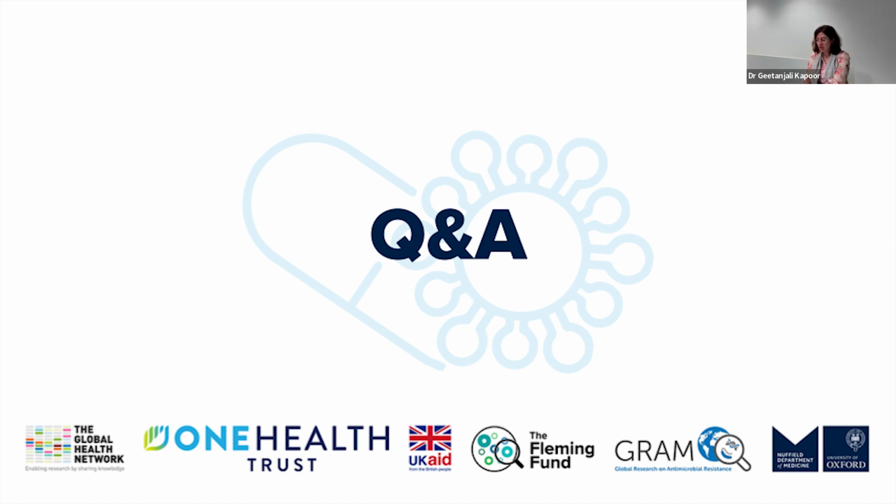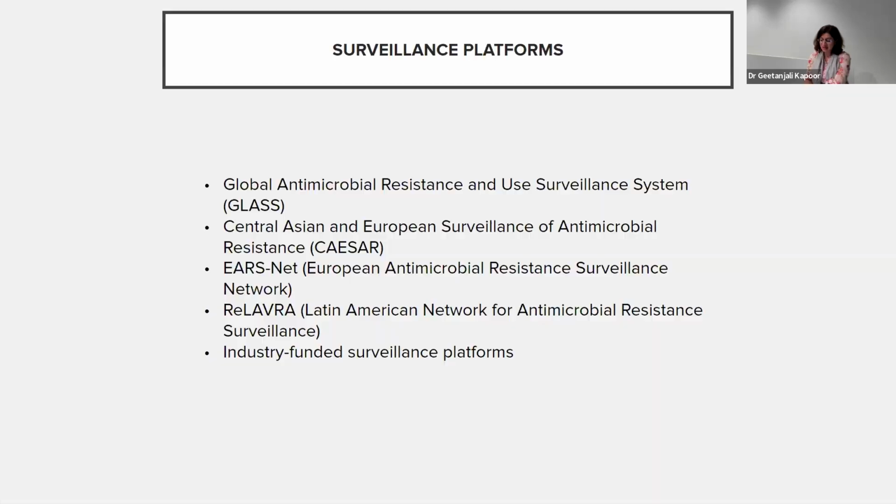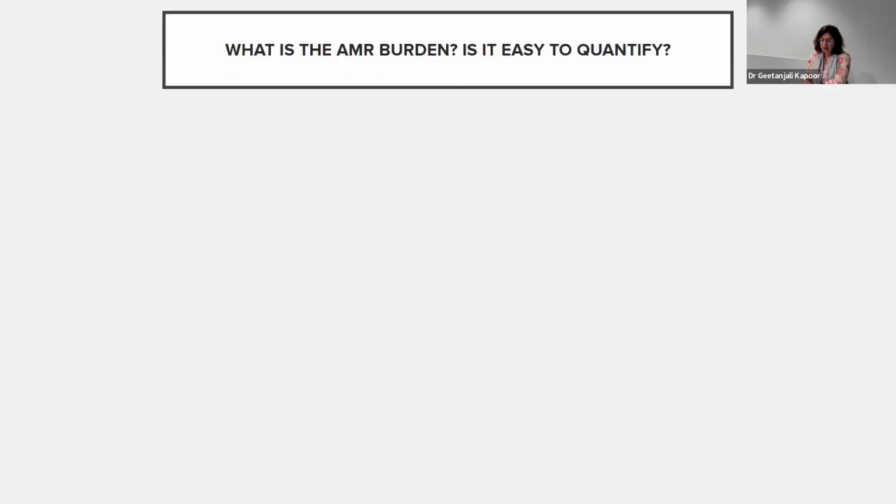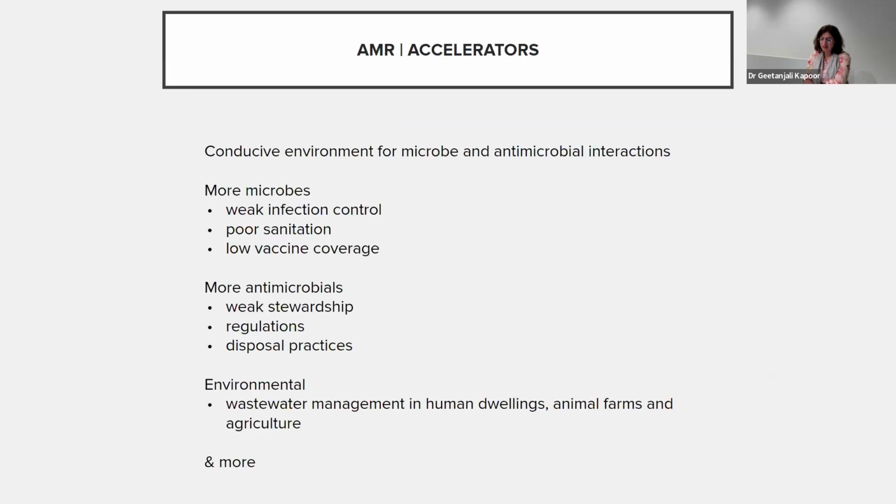So as I mentioned, and I'll go back to the first slide which I had shown on what is accelerating AMR. These are on my slide right now, various factors that are accelerating. So as you mentioned, resistance is coming out really commonly. How do you and what do you do about it?